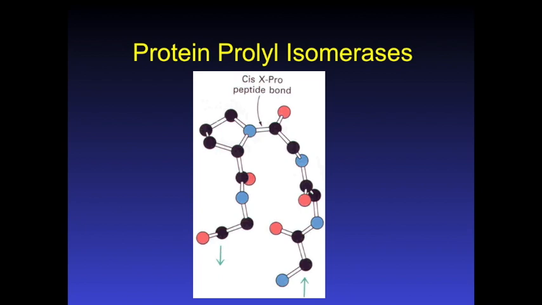The first helper we looked at was the one that shuffled the sulfurs, the PDI, the protein disulfide isomerase. If by chance a disulfide bond forms and it's the wrong one, that covalent bond has to be broken and reshuffled, and we had an enzyme to help that.